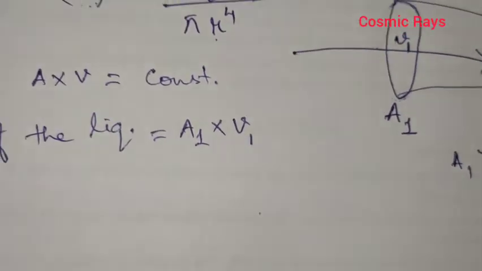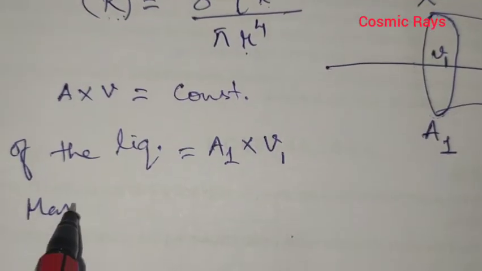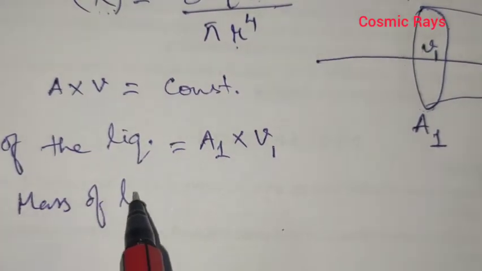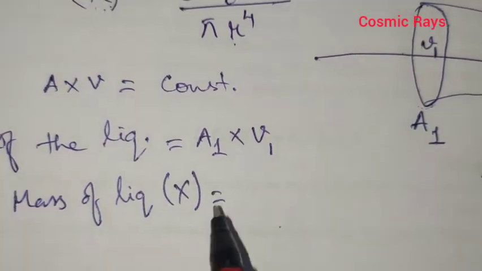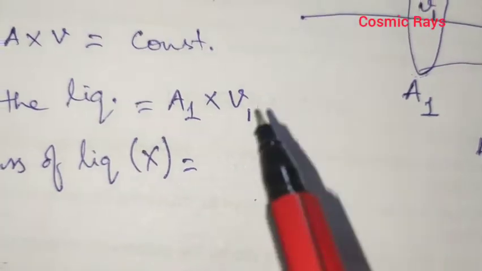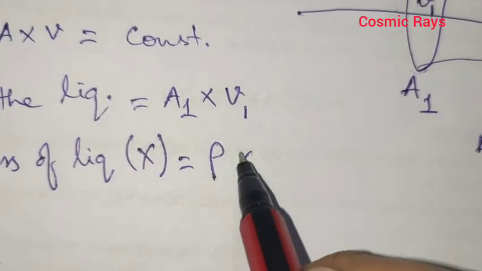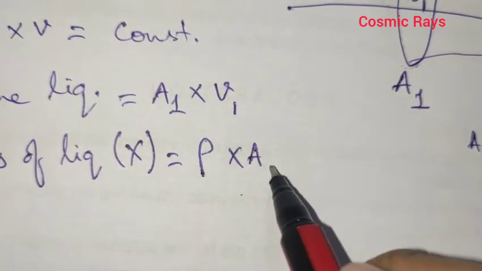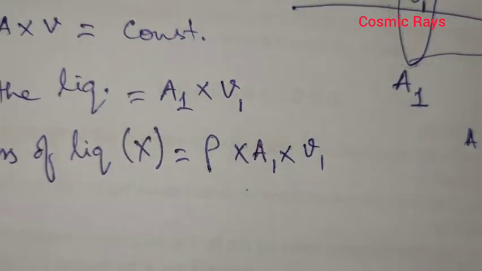And the mass of the liquid entering at x, volume multiplied by density, will be rho a1 into v1.